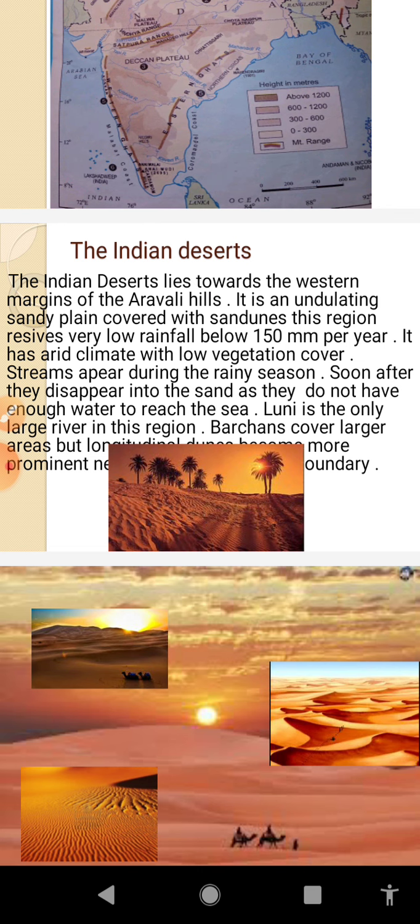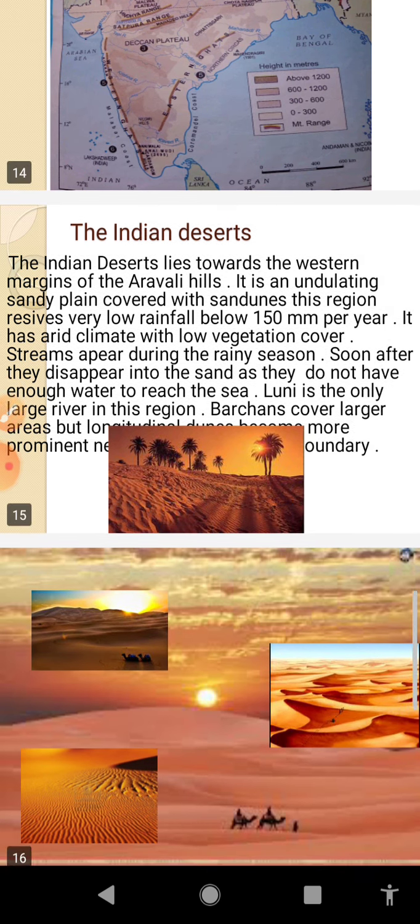And just I have told you that it is having arid climatic condition, amount of rainfall is very low. So in Thar Desert, the diurnal range of temperature and also the annual range of temperature both remain high throughout the year. So what is diurnal range of temperature? In a very simple sentence, we can say, the difference between the maximum day temperature and minimum temperature at night is known as diurnal range of temperature.